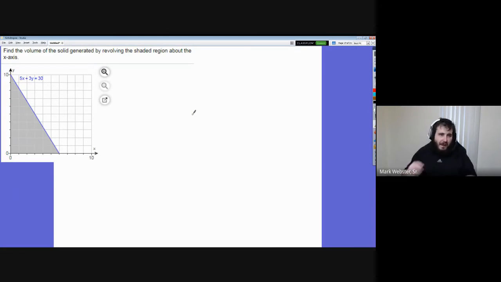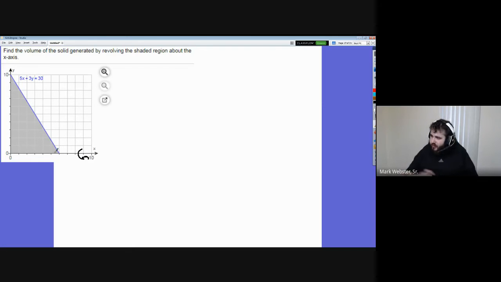So now what's going to happen is, instead of building our solid and then doing cross sections, we're going to create a solid that's revolved around the x-axis. So this is going to sort of look like a weird stumpy cone. Like, if you can imagine it, a really wide, flat cone.